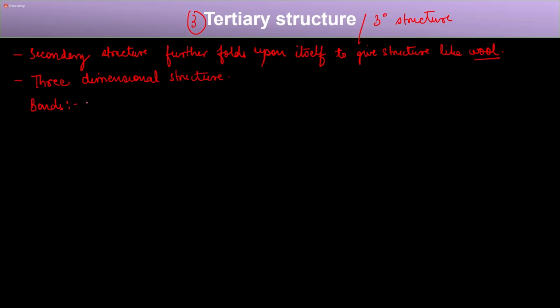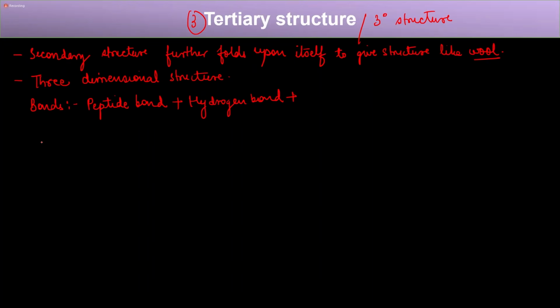So let's write. The bond present in the primary structure is peptide bond. The bond present in the secondary structure was hydrogen bond. Now, apart from this, what other bonds are present in the tertiary structure? Let's see.